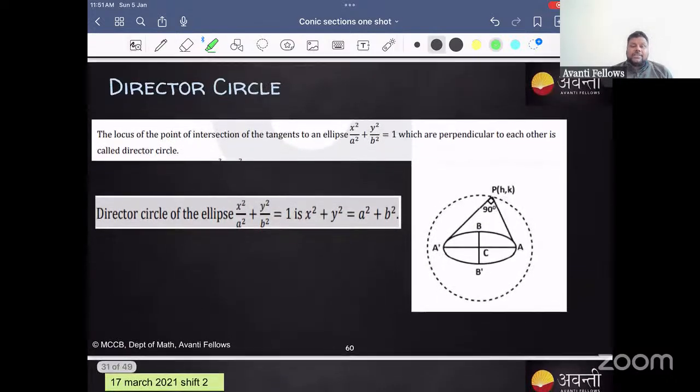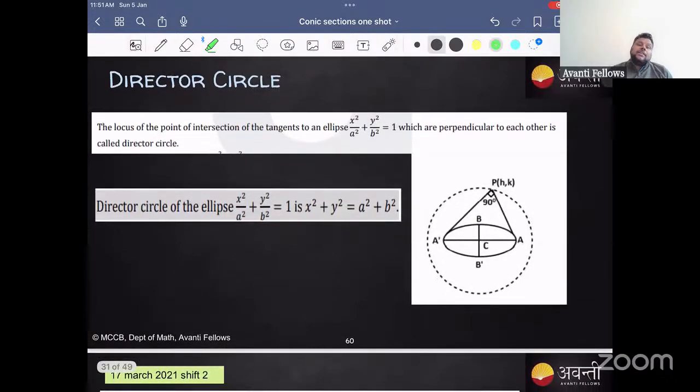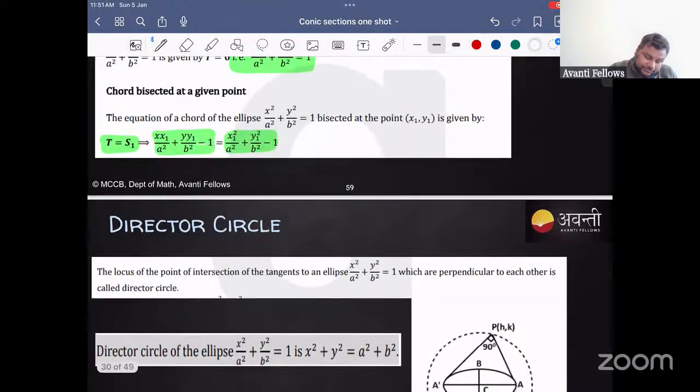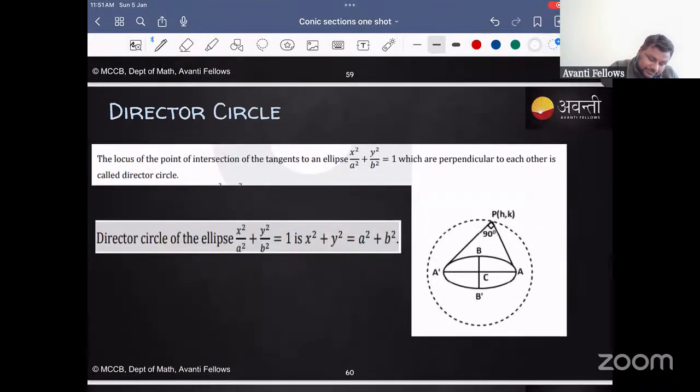Now, director circle: the locus of a point from which two perpendicular tangents can be drawn to the ellipse. Okay, let's do it. Let y equals to mx plus under root of a square m square plus b square be a tangent.